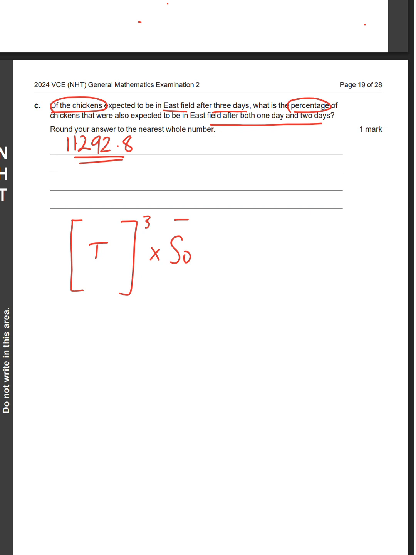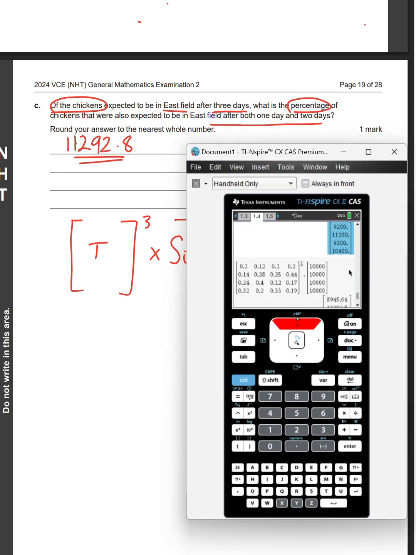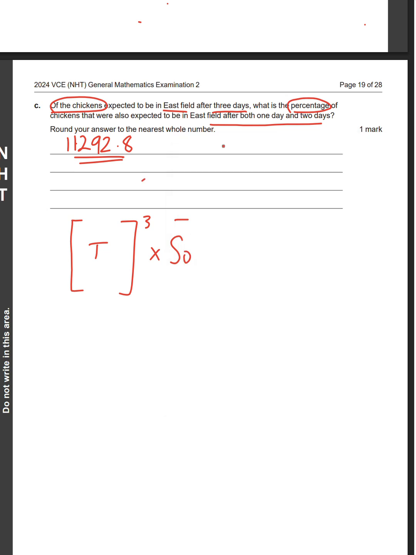Okay, so what we need to do is work out how many there were after 1 day. So that was this one. So after 1 day, we have 11,100. Okay, so what we're looking at is how many on the east field for both 1 day and 2 days are then still there now. So we need to look at east to east.